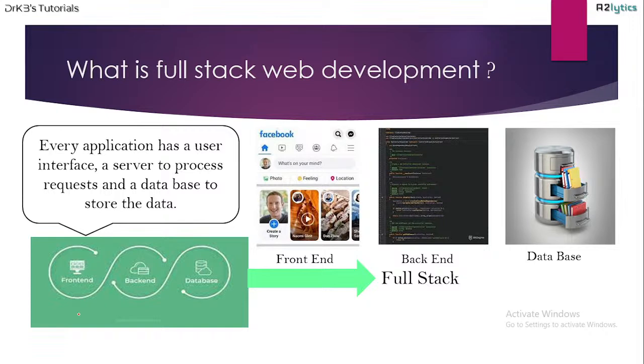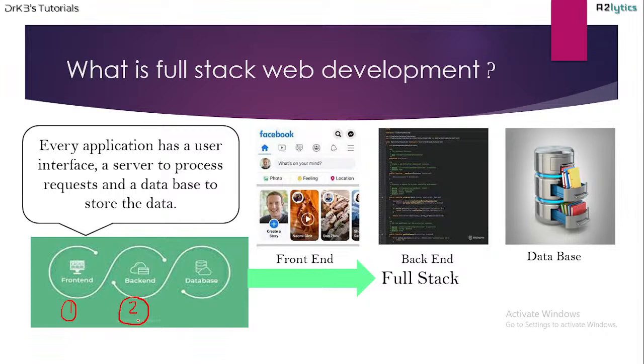What does full stack web development contain? Full stack web development mainly contains three parts. One is front-end development, developing a user interface. Then the backend, which is called the server side, the program which receives the user request from the browser and processes it.